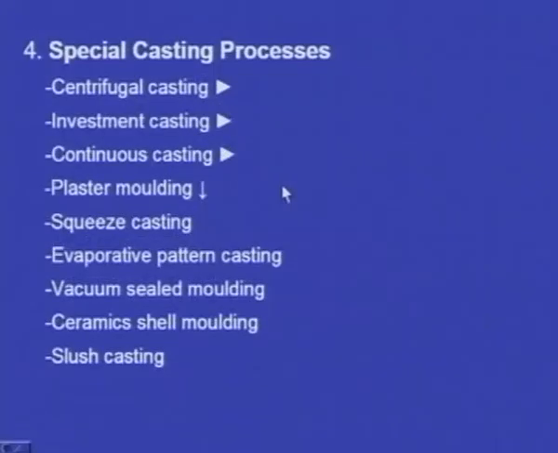So among the special casting processes, we have seen centrifugal casting, we have seen investment casting, we have seen continuous casting, and in the centrifugal casting we have seen that it is of three types. One is true centrifugal casting, semi-centrifugal casting and centrifuging. We have seen investment casting and its special features.